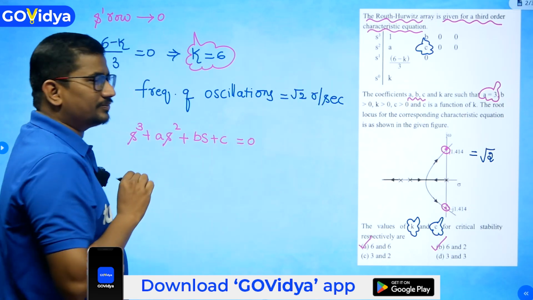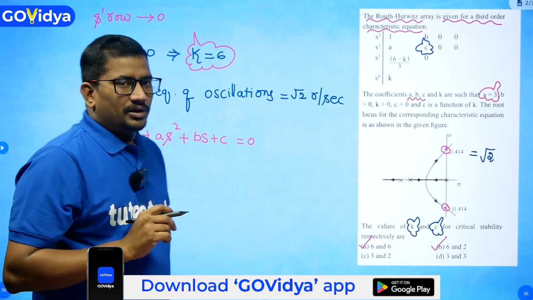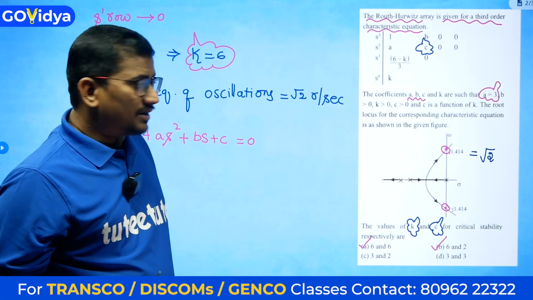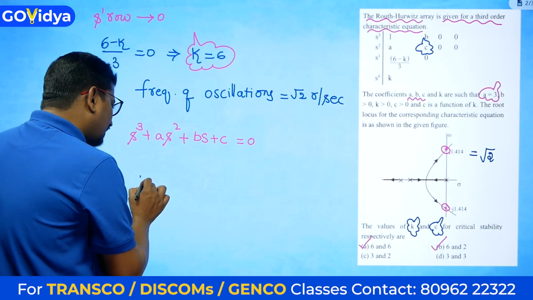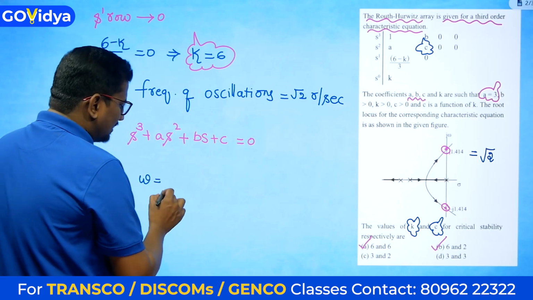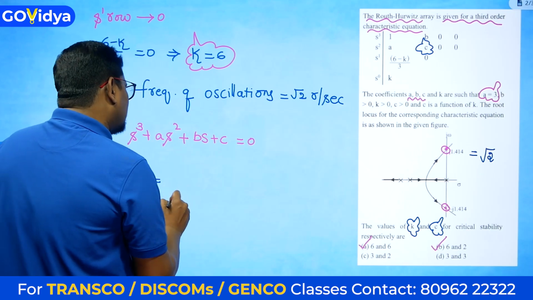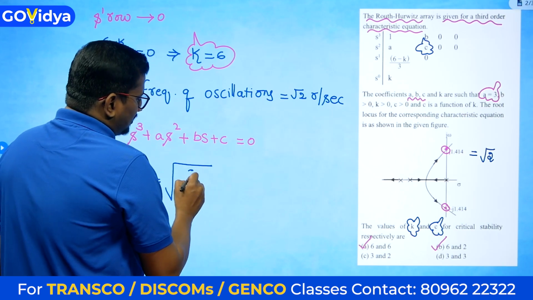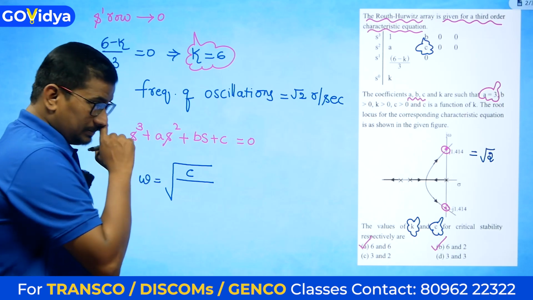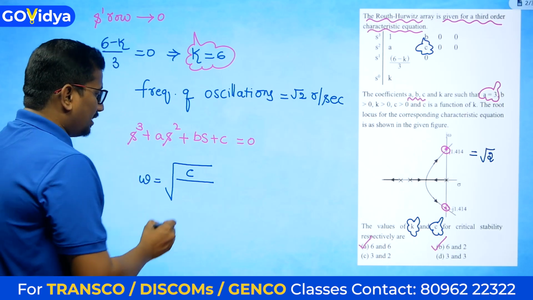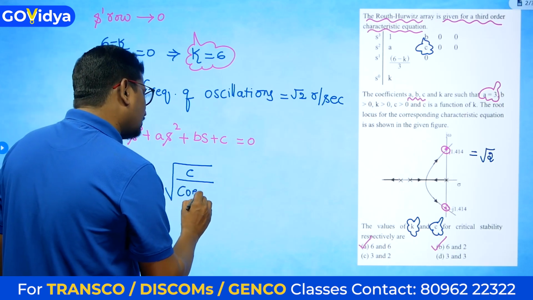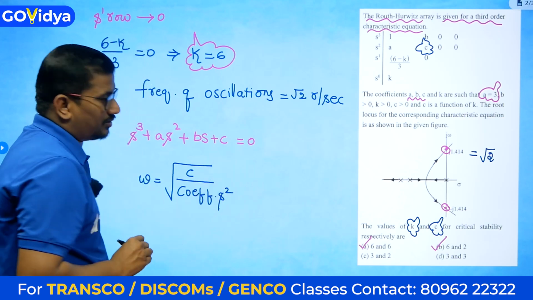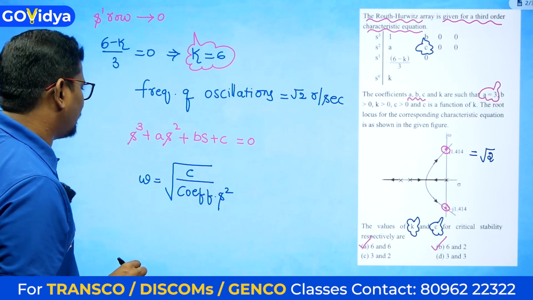I told you, if you remember, whenever you have a third order system, the frequency of oscillations can be calculated as the square root of the constant divided by the coefficient of s square. If you remember, I told you very clearly.